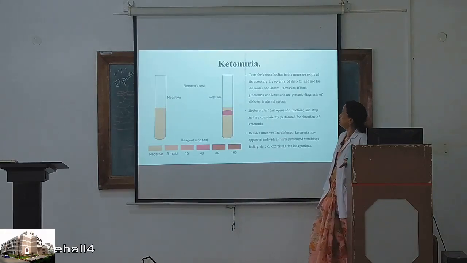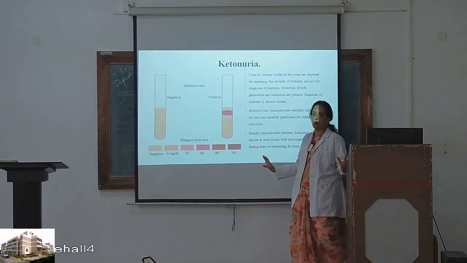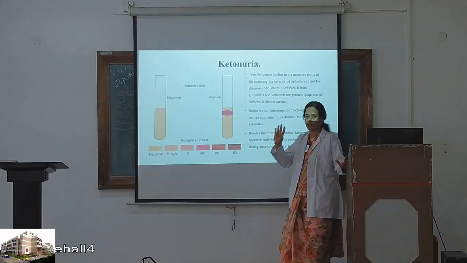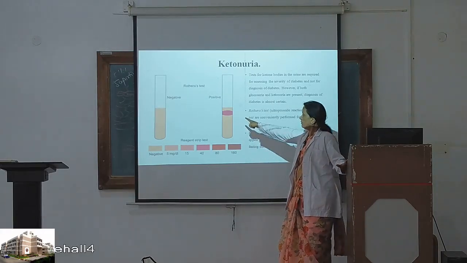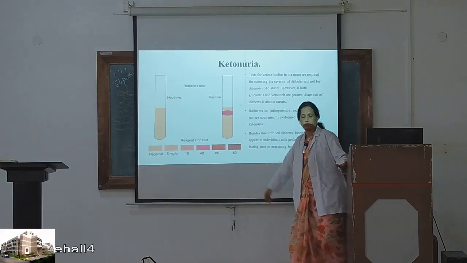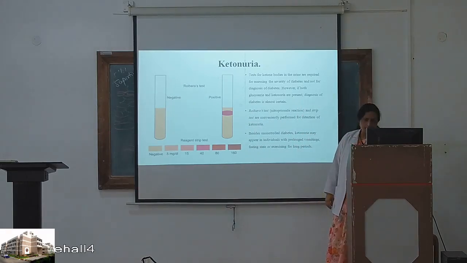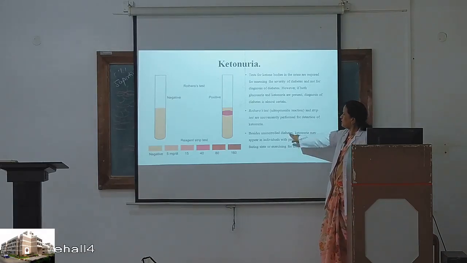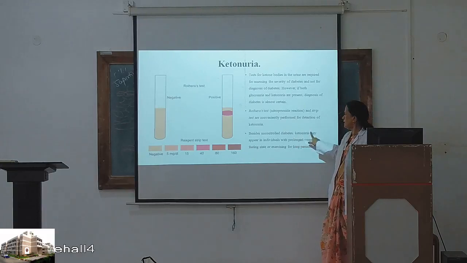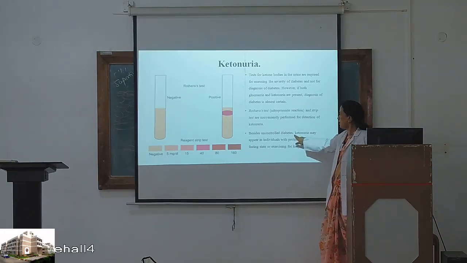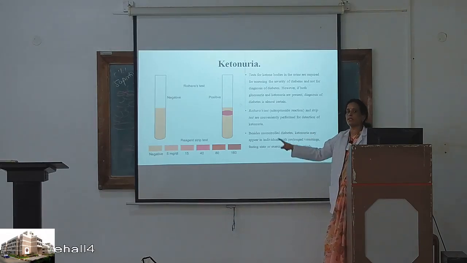So ketonuria. The test for ketone bodies, remember the Rothera's test that you have done, where we get a purple ring that says positivity. Whenever there is glycosuria, check for ketone bodies also. Especially in uncontrolled diabetes mellitus, ketonuria may appear. And we know the other causes for ketonuria also.